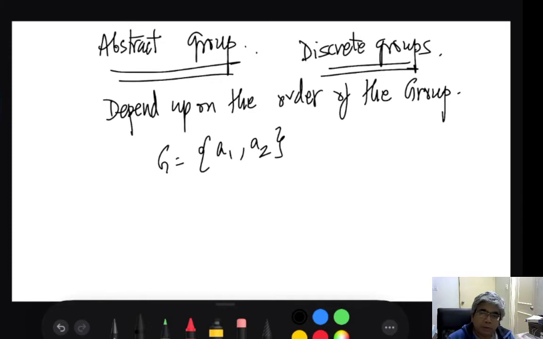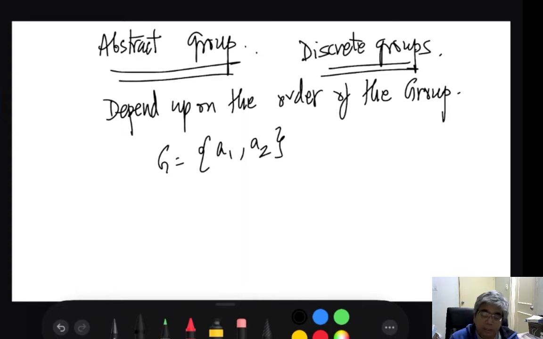First of all, A1 star A2 should also belong to G. Then you should have A1 star A2 times A1 or any other element, and A2 star A1 times any other element should also belong to the same group.